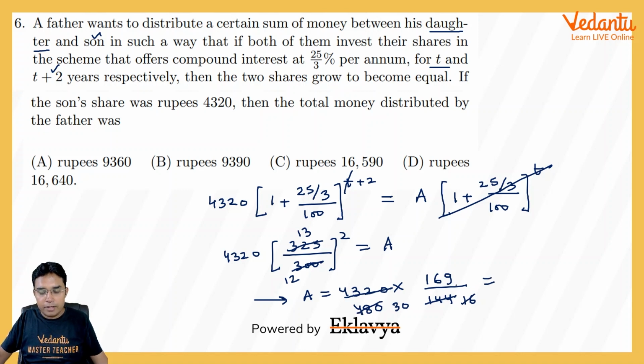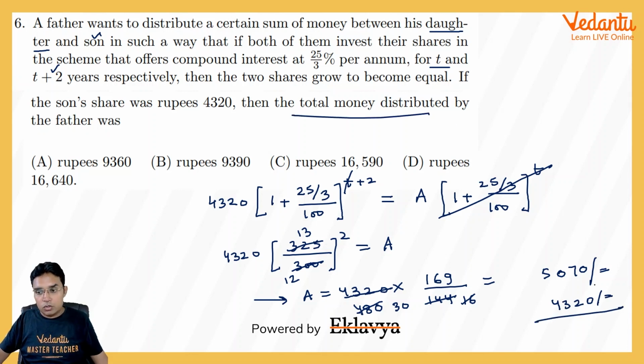So if you multiply 30 with this thing, it will be 0. 3 9s are 27, 3 6s are 18 plus 2 is 20, 3 1s are 3, and plus 2 is 5, I think. So 5070 is the amount that will be given to the daughter, and already 4320 was given to the son, and they are asking the total money distributed. So the sum of these two will become 9390. Yes, so the answer for this should be 9390, that is B.